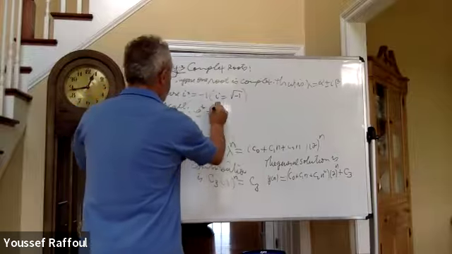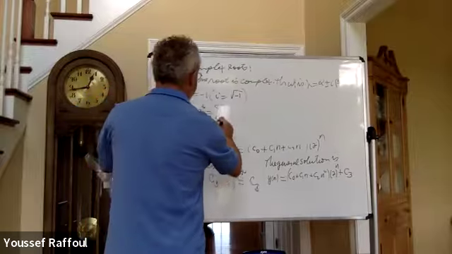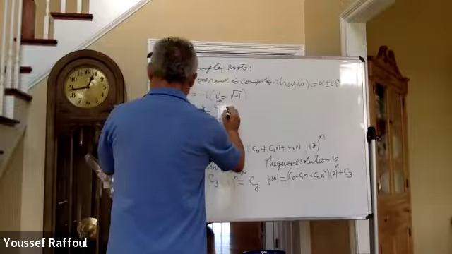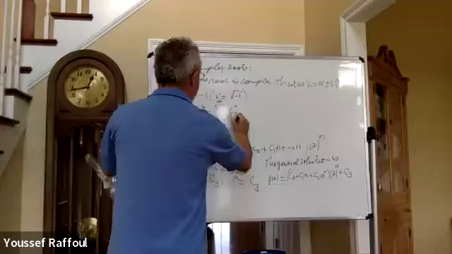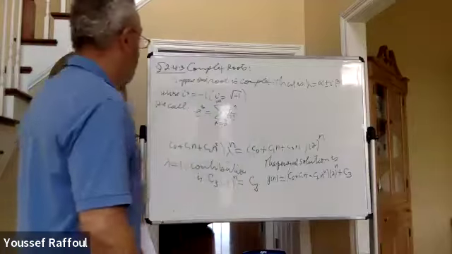Now recall that e to the t equals the sum from n equals 0 to infinity of t to the n over n factorial.